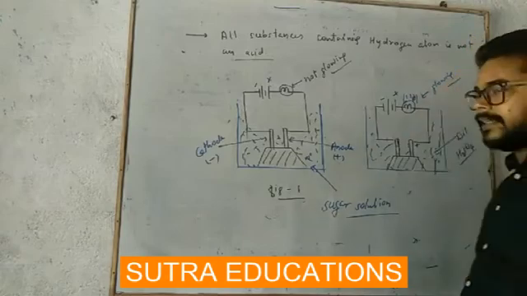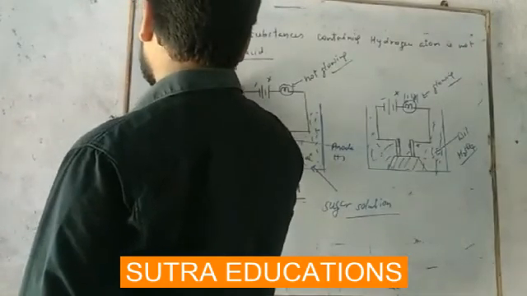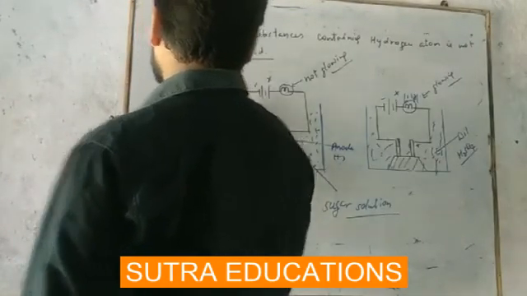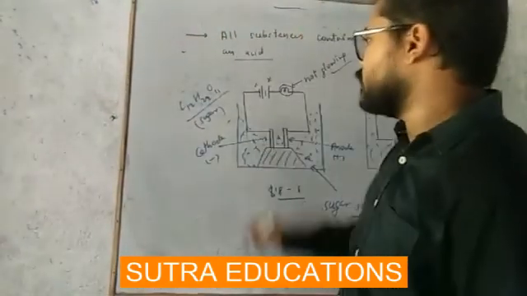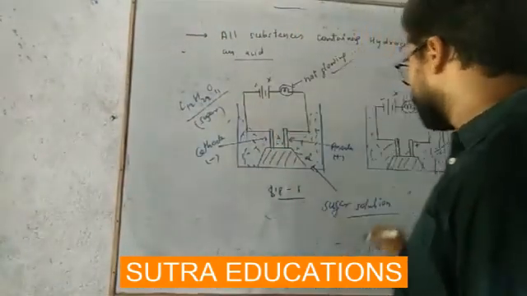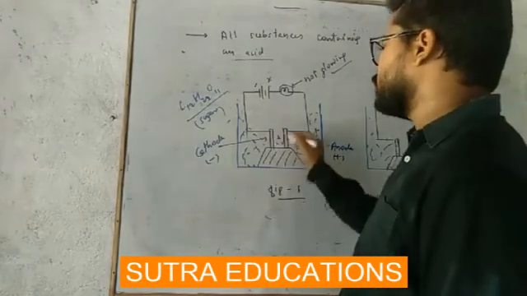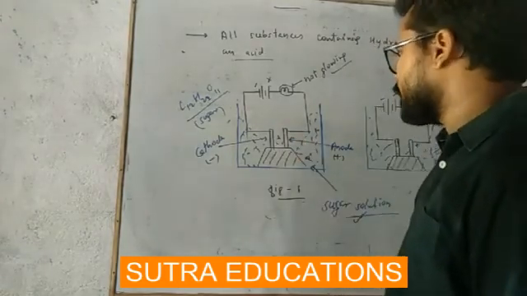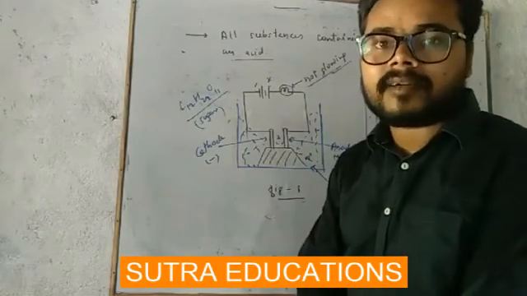Sugar contains hydrogen. What is sugar? It is C12H22O11. And we have used sugar solution here, which means sugar dissolved in water. So when sugar solution is used, the bulb is not glowing. It means the circuit is not getting completed.